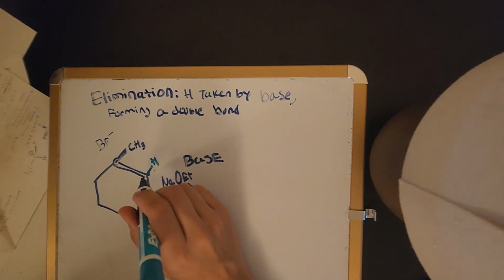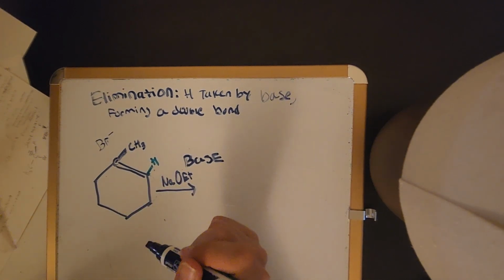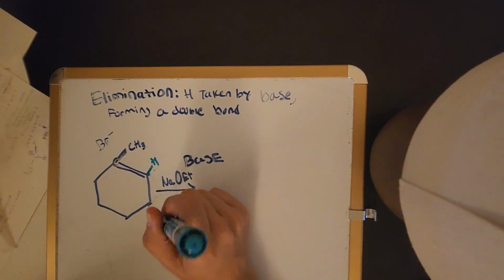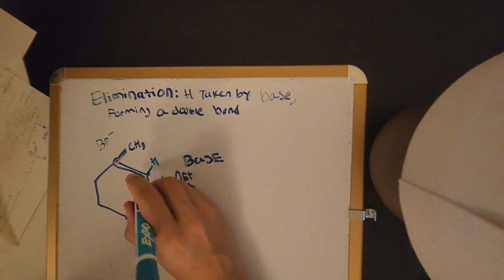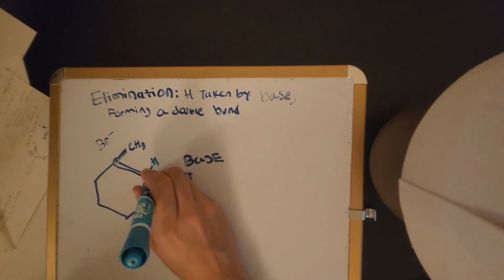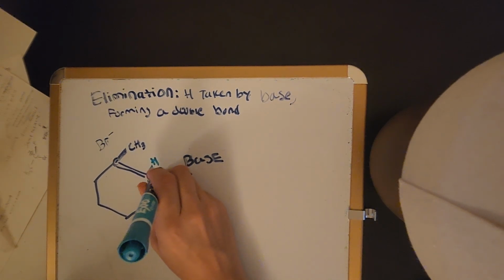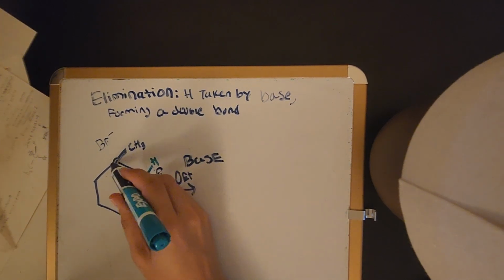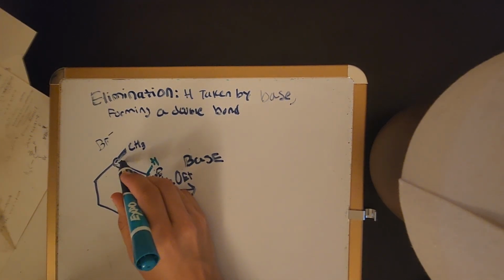There's 1, 2, 3, 4 bonds, but only 3 things connecting. This is actually connecting to these 2 lone pairs that are left behind, called beta. This is called the beta electrons, and they're connecting here to the alpha electrons.